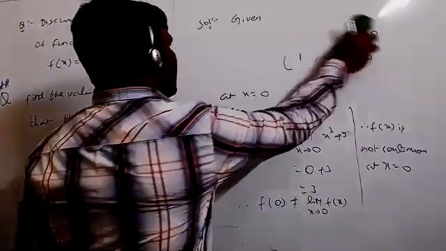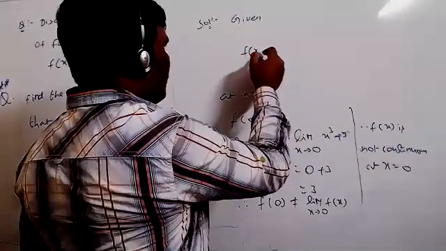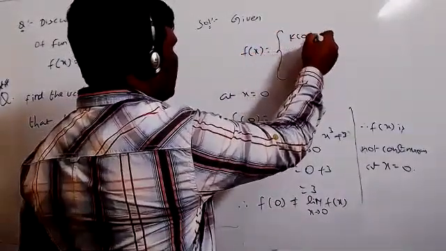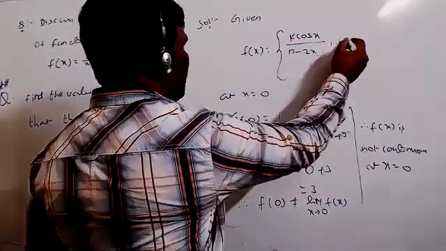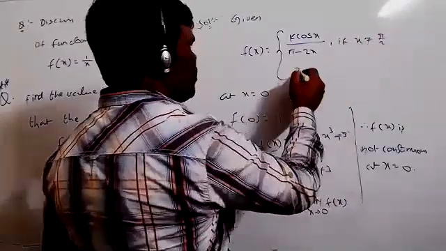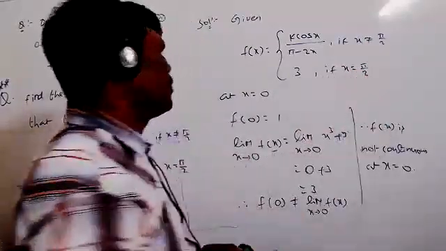So the given function f of x equals k cos x by pi minus 2x, if x not equal to pi by 2, and 3 if x equal to pi by 2. This is the problem given.